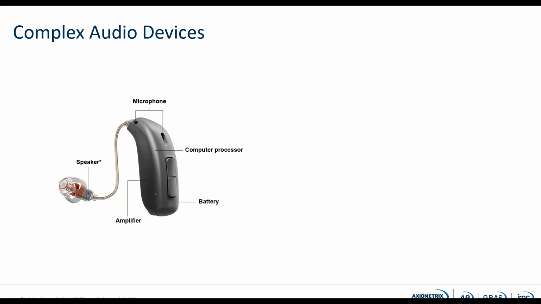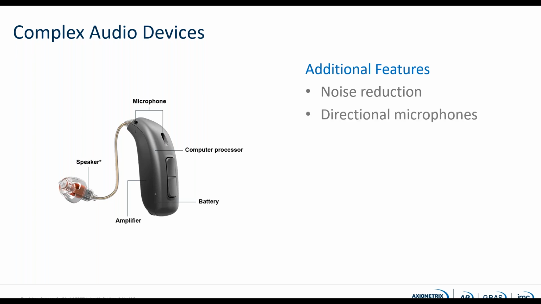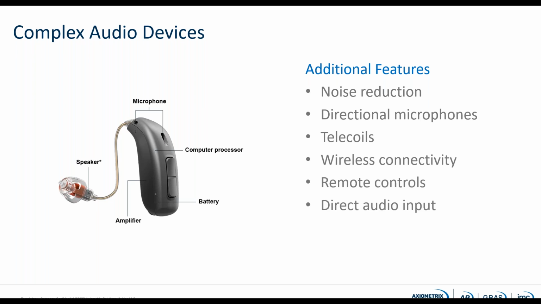Just quickly refresh the fact that hearing aids are complex audio devices and usually include features such as noise reduction, have directional microphones, often include telecoils and wireless connectivity, remote controls, direct audio input, and variable programming, along with synchronization.